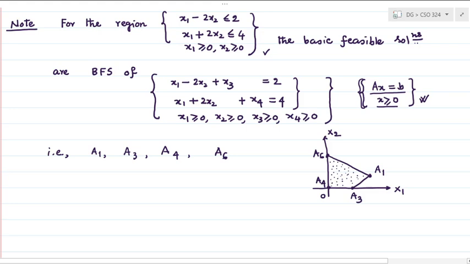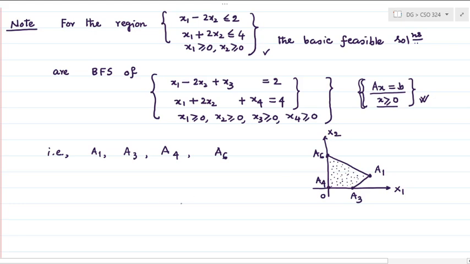So we have to now study a bit about convexity and geometry of convex sets. And there we will find that the notion of extreme points will be precisely these vertices of a polygonal region. Fine.